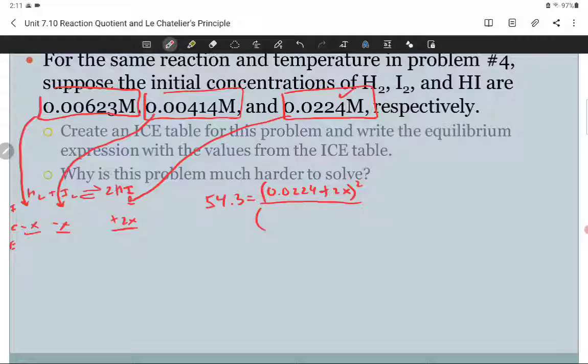On the bottom, with each of these questions we've done so far, those equilibrium amounts have been identical. Well, they're not identical for this one. That's going to be problematic. So we have 0.00623 minus x, and we have 0.00414 minus x.